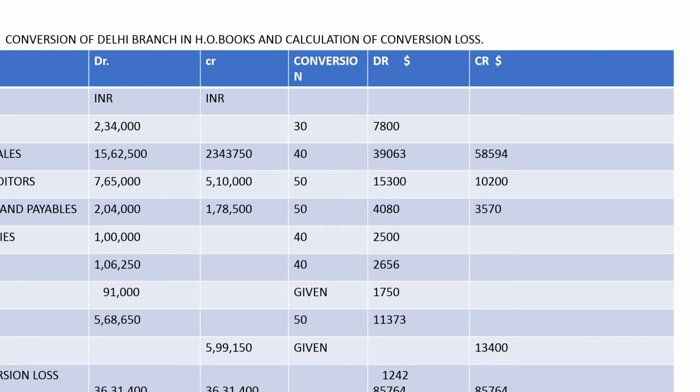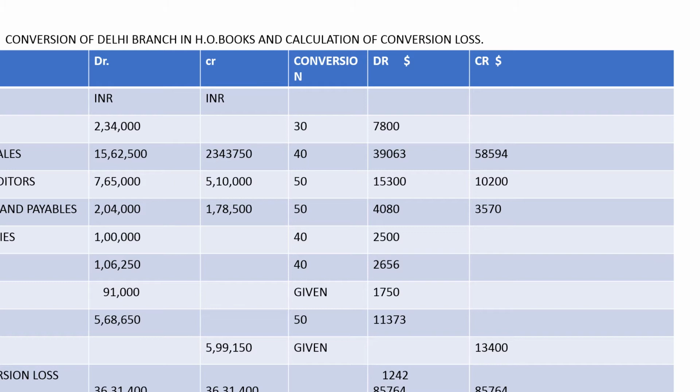The value at which that furniture was bought is given, 10,750 dollars. Then comes bank account. It is 5,68,000. The bank account we will convert at closing rate. It comes to 11,373.